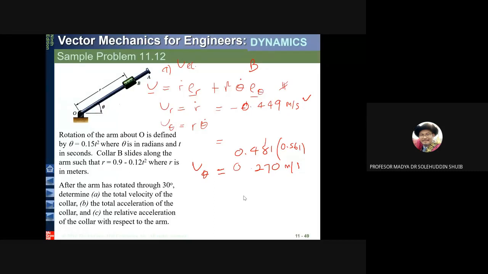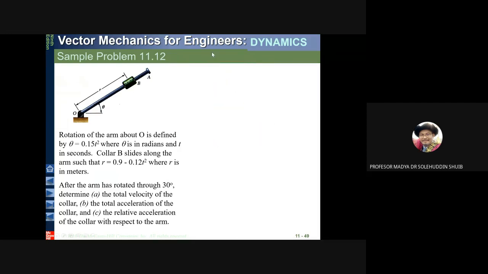For part B, we have to find the acceleration. For the acceleration, I erase this one.